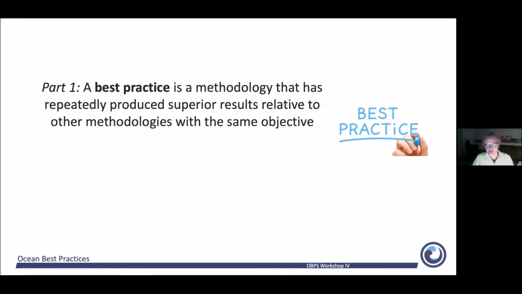So coming to what we are all after in whatever way, and that is best practices. What I show you here is one part of a definition for best practices: a best practice is a methodology that has repeatedly produced superior results relative to other methodologies with the same objective.